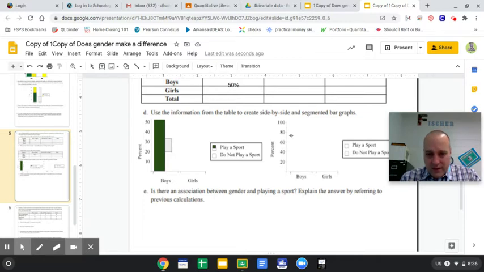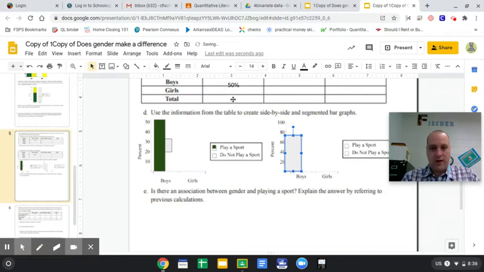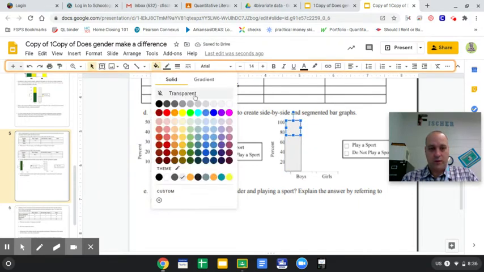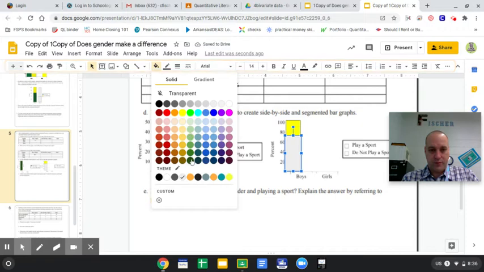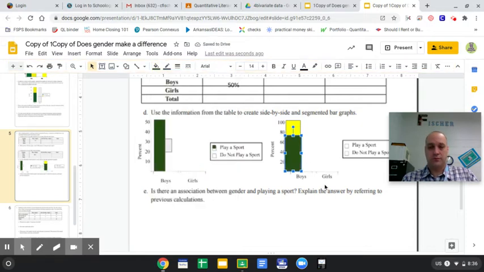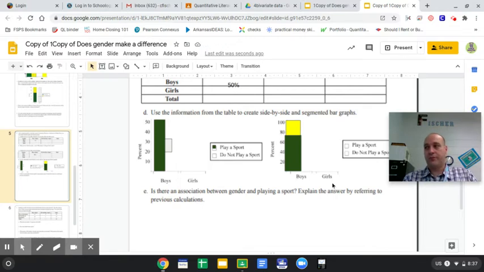So it was about 60 something. I think it was 67.9. So you can see where I got that answer up there. So I put that there. And then I put the box right on top of it, like this. And then I make that one yellow, the bottom one green, like so. Okay, and then you do the same thing for the girls. All right. So actually this was, yeah.